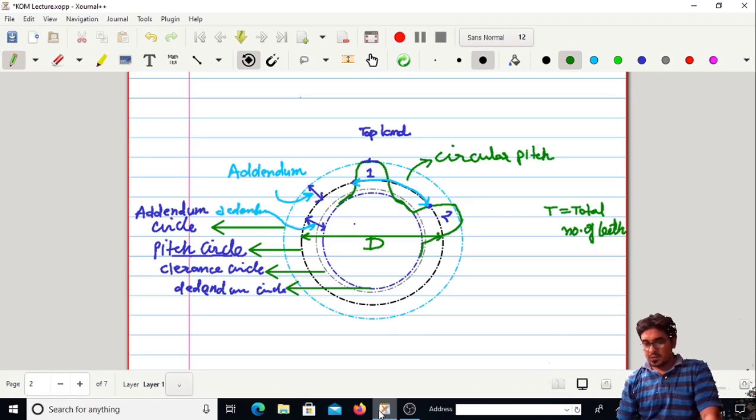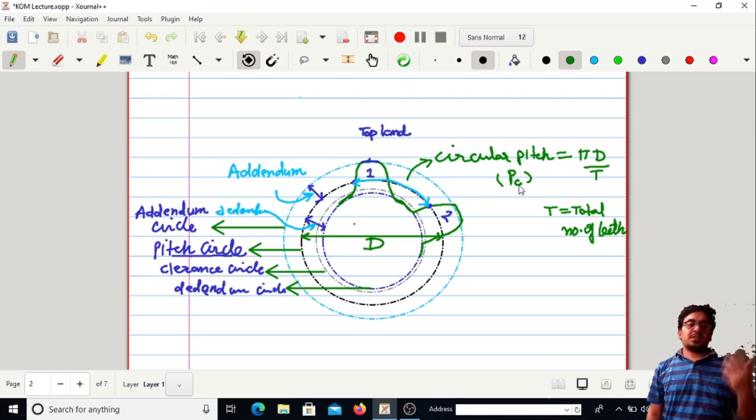So this is called the circular pitch, and mathematically we can write it as pi D by T, and it is generally represented with PC.